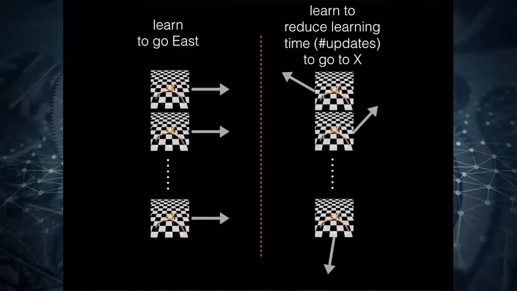So far, if you want to train an RL agent, you give it a task, learn to go east here, and it will keep going, running episode after episode after episode, and gets reward only for doing this, and eventually it learns. But learning to learn is a slightly different idea.